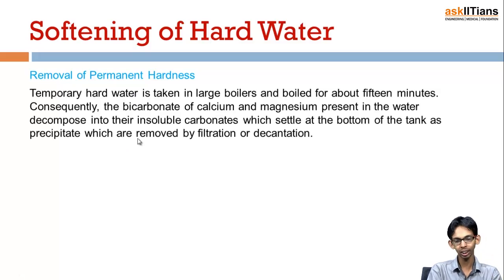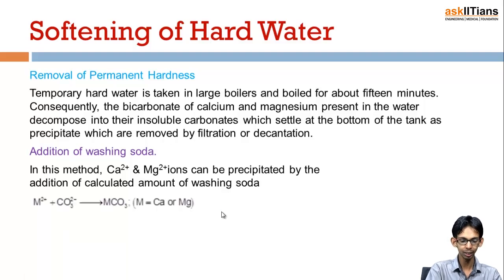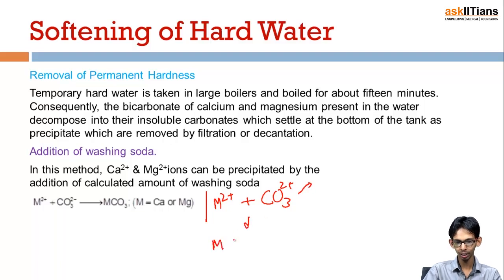So there are various methods which are used for removal of permanent hardness, and the first method is addition of washing soda. If we add washing soda, what would happen? Let's say we have calcium or magnesium ions, then this ion reacts with the carbonate salt and results in formation of metal carbonate.